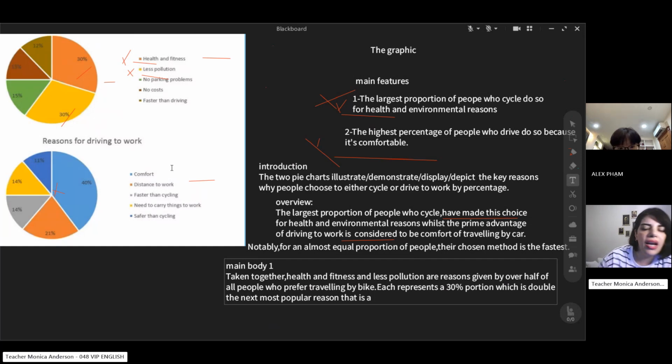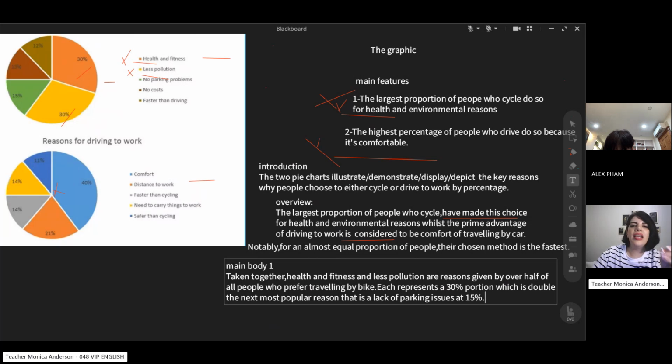No parking. Lack of parking issues. I want to add the percentage, 15%. That's it and nothing else.